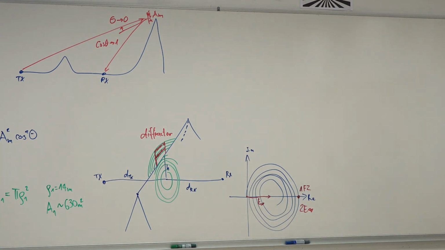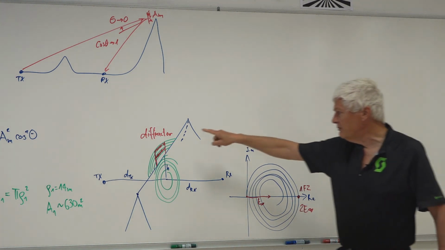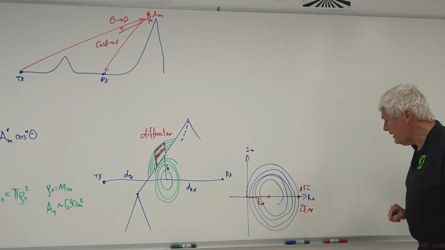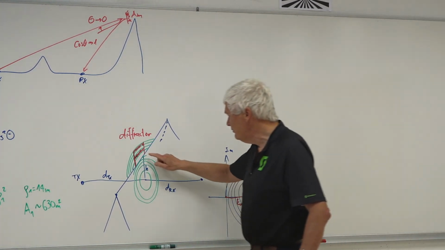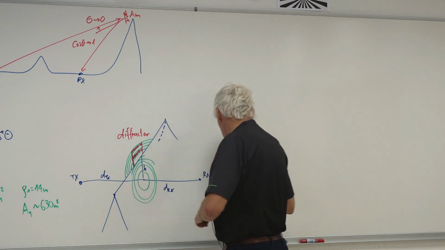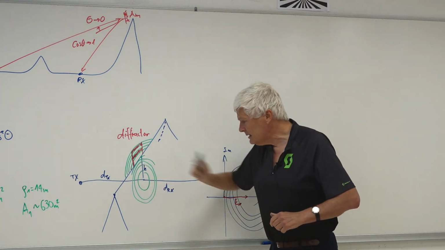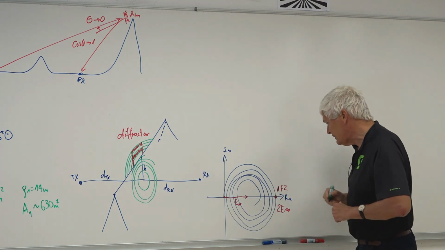You remember the result of the integral was oscillating, but it was converging very, very slowly. We make many circles here. So with the diffractor, we leave free just a few Fresnel zones. We may not end up with the ridge exactly on the boundary of the Fresnel zones.